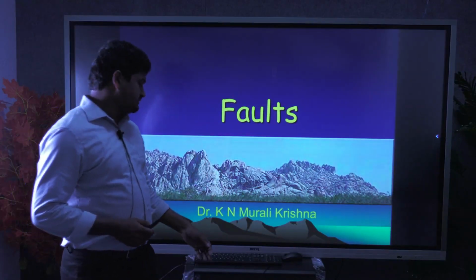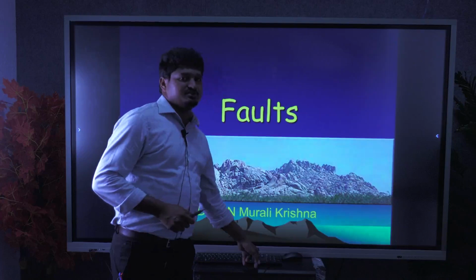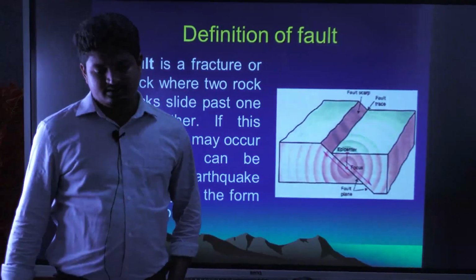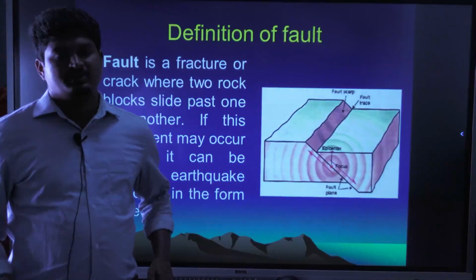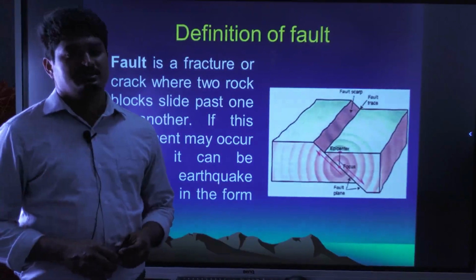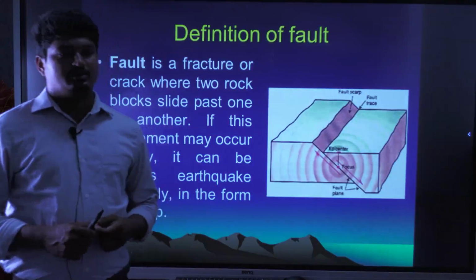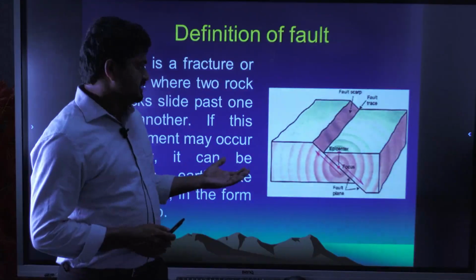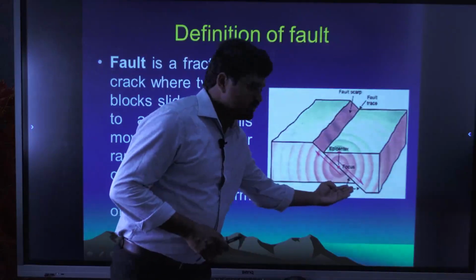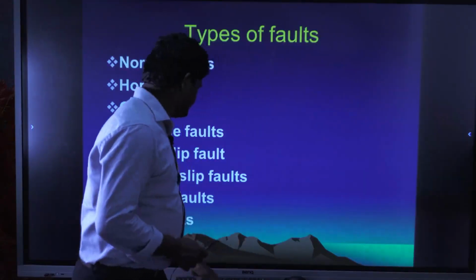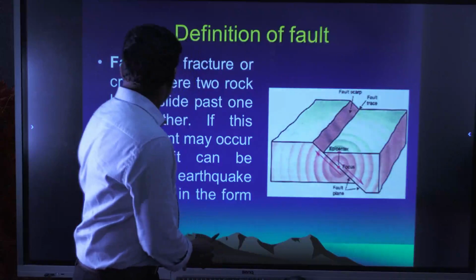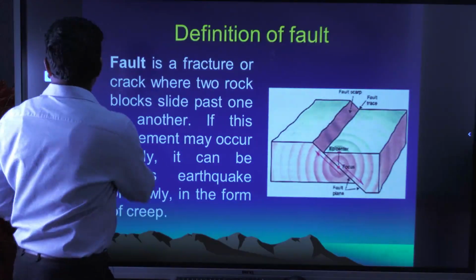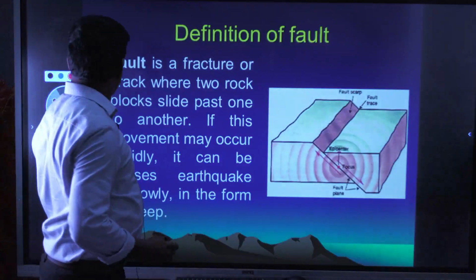So let's see the general definition of a fault. This is the definition of the fault: displacement of rock strata we call a fault. Any rock mass displaced from one place, either downward or upward.